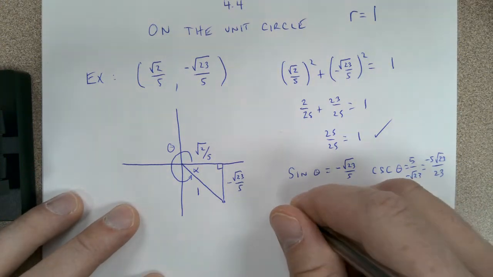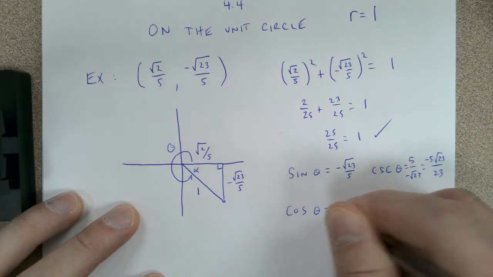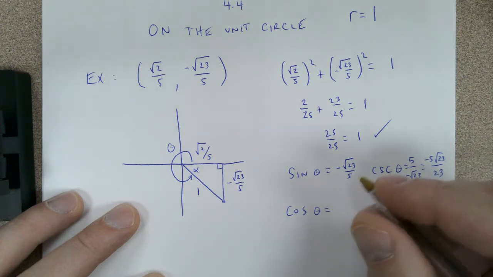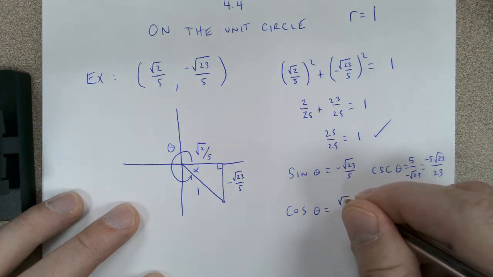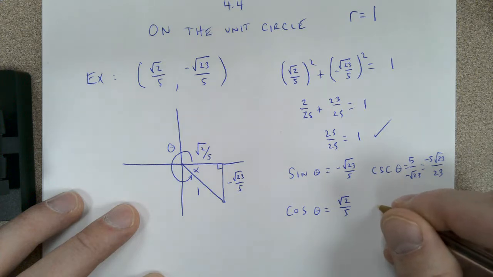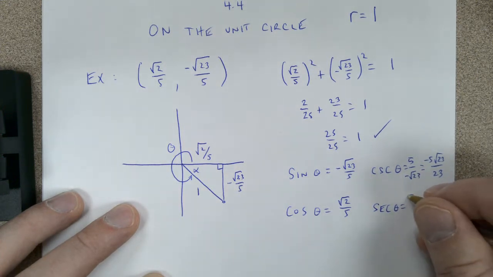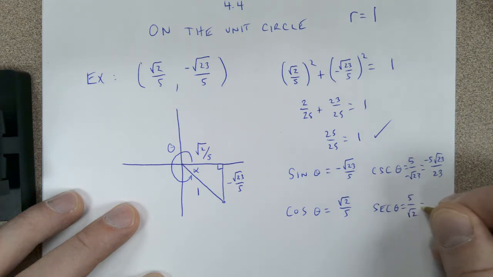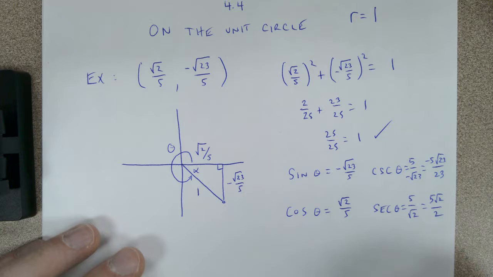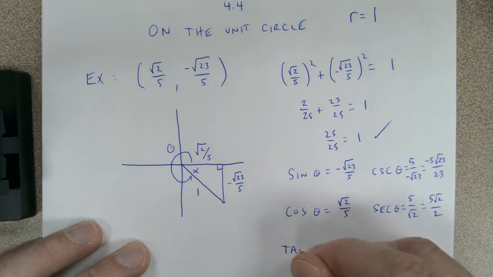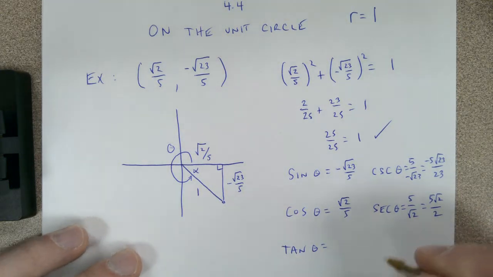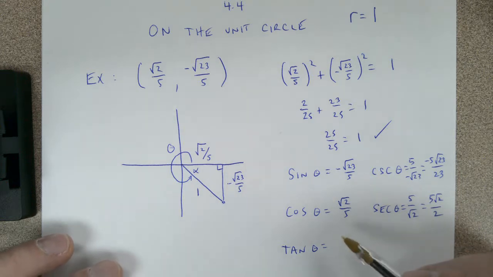If I find the cosine theta, remember, it is the adjacent over the hypotenuse, so it's going to be radical 2 over 5. The secant theta is going to be 5 over radical 2, which simplifies to 5 radical 2 over 2. I do the tangent theta. Tangent theta is going to be the opposite over the adjacent.